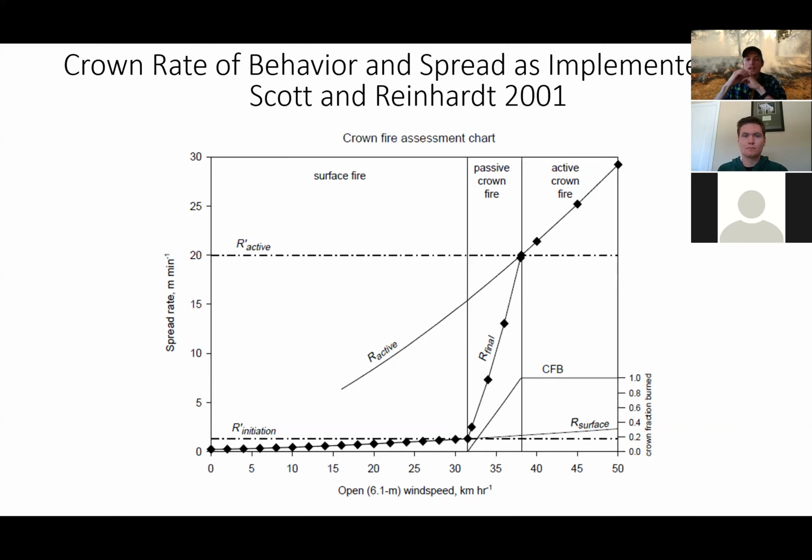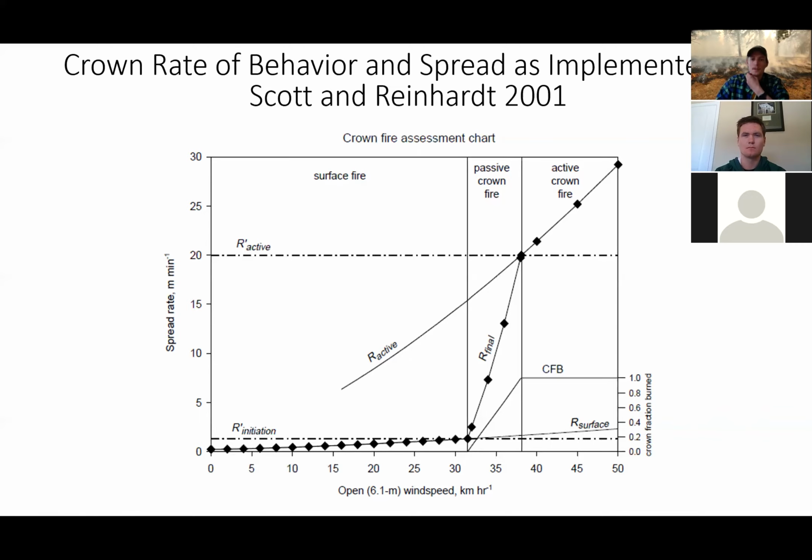And in Behave, this isn't the default option, but I think that most of the other operational fire models in the US just use this approach by default, where we're assuming that there's something different about passive crown fire and that it's going to spread a little bit faster than a surface fire.